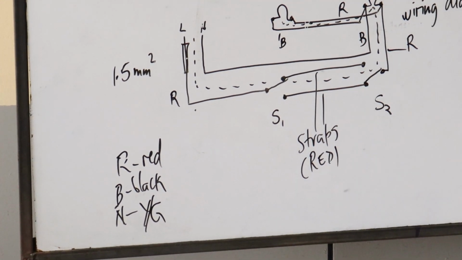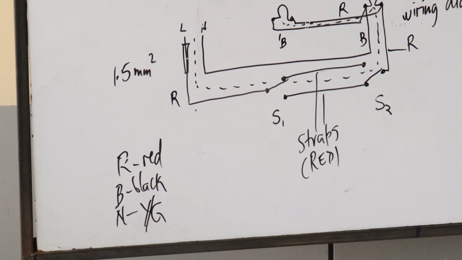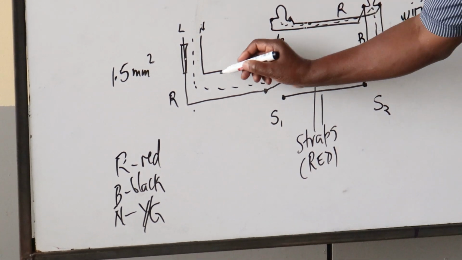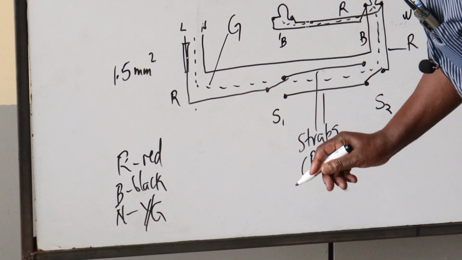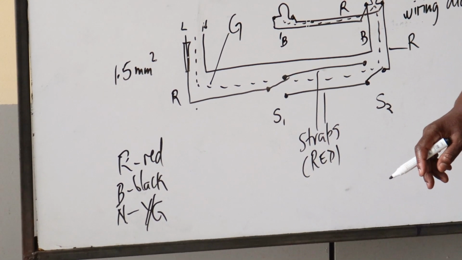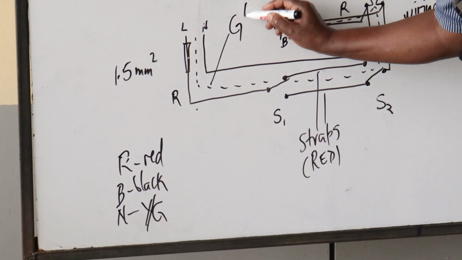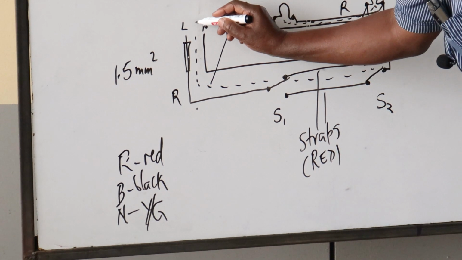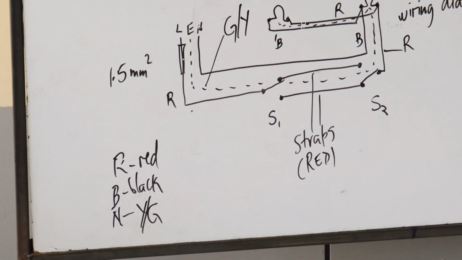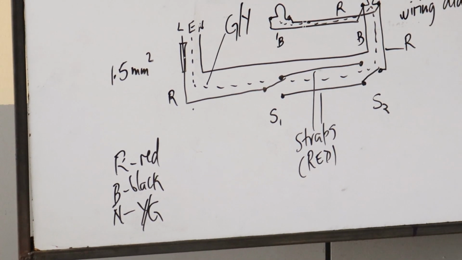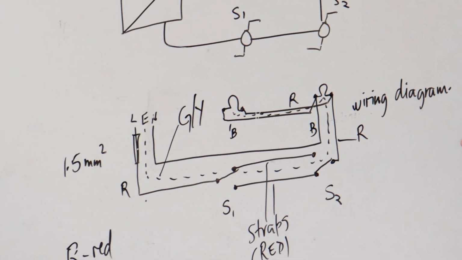Green with yellow stripes, or vice versa. So this one here is the one which will be green. Green stroke yellow for the earthing. So to be something like that, we are putting the color coding.